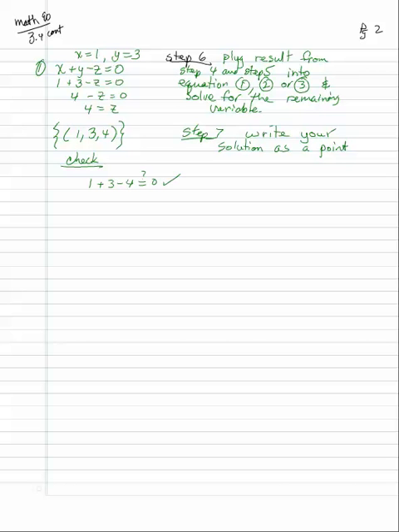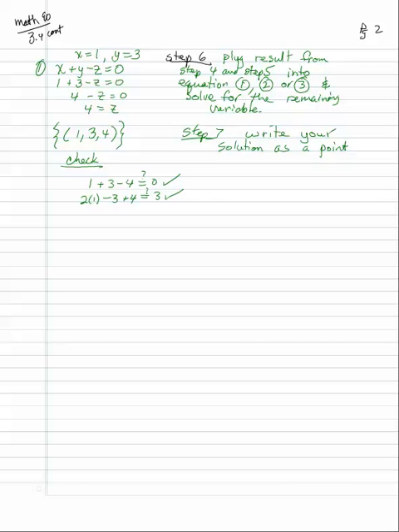Plug it in your calculator, do it in your head. 4 minus 4 is 0, check. Equation 2 is 2x minus y plus z, does that equal 3? So 2 minus 3 is negative 1 plus 4 is 3.